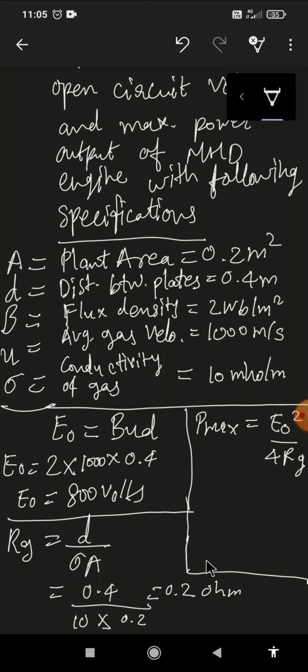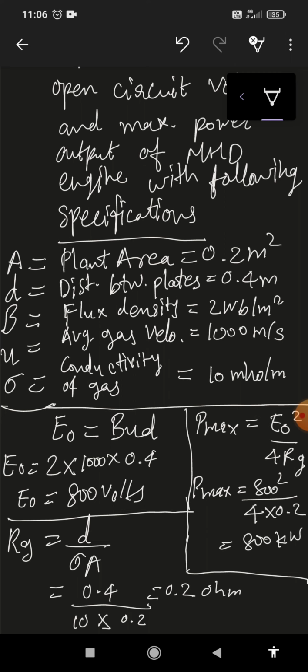So now we will find out P max. P max will be equal to 800 square divided by 4 into 0.2. So this will be equal to 800 kilowatt.